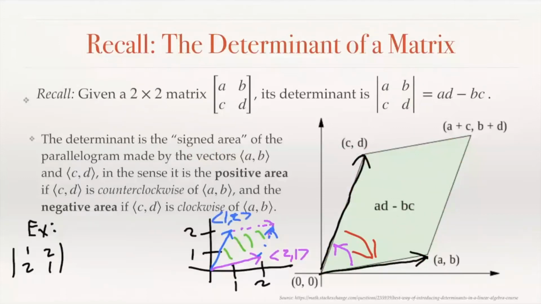So for example, if we consider the two vectors 1, 2, and 2, 1, and consider the area of the parallelogram that they form, that will be the determinant of 1, 2, and 2, 1, which is 1 times 1 minus 2 times 2, which is minus 3, which means it has area 3, and the reason for the minus sign is that if we have 1, 2 first, then we're moving counterclockwise, and that makes it negative.